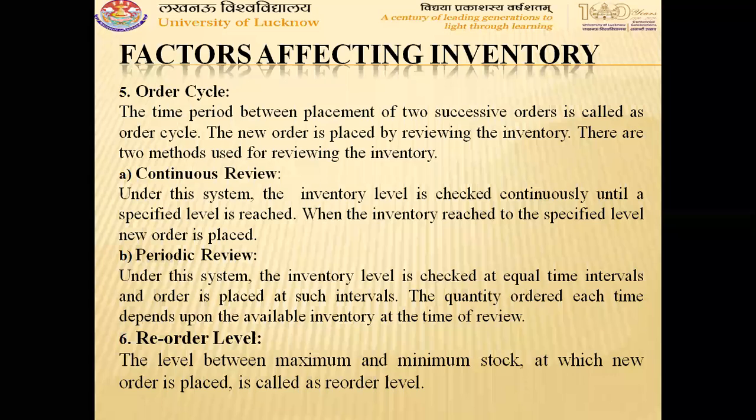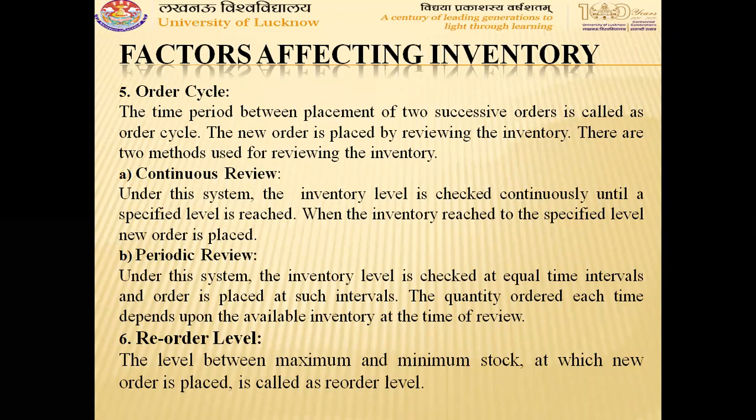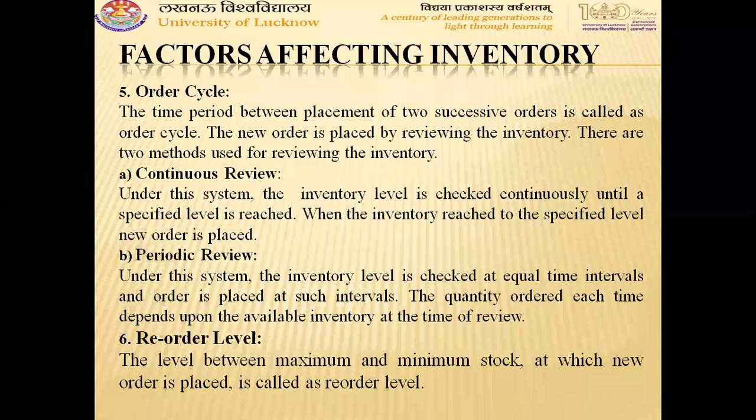Under continuous review, inventory level is checked continuously until it reaches a specified level. When inventory reaches a specified level, then a new order is placed. And in periodic review, inventory level is checked at equal time intervals and orders are placed at such intervals. That is, on each such interval, a new order will be placed.